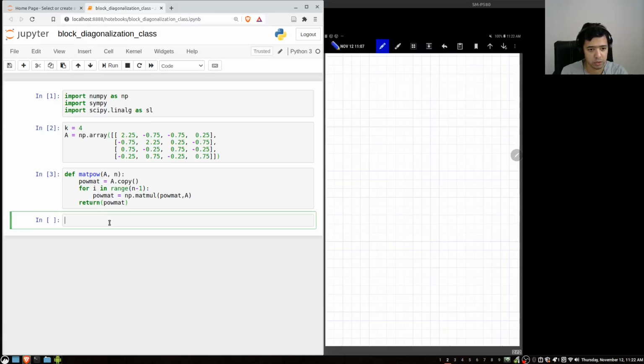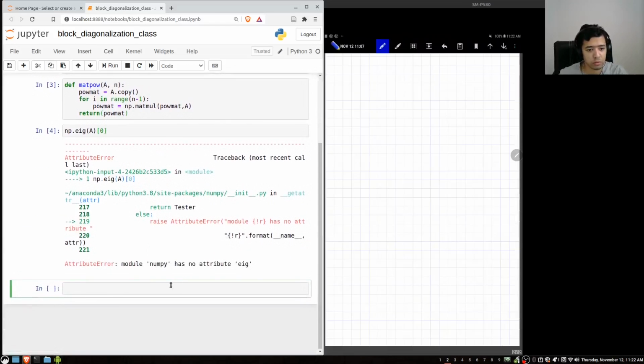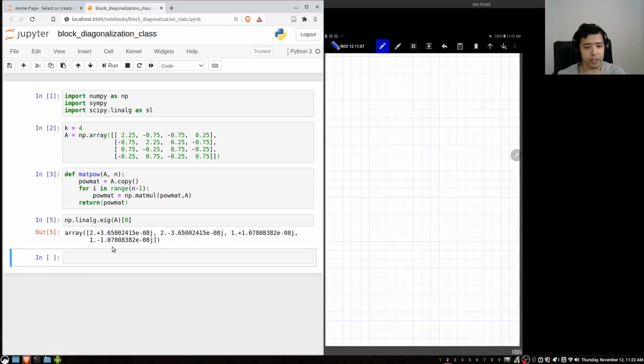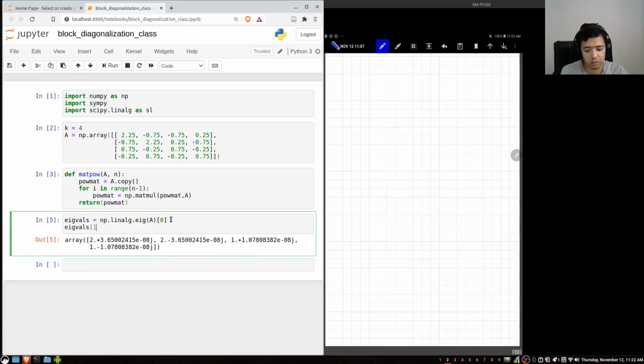That is np.linalg.eig of A, index 0, which gives me the eigenvalues.